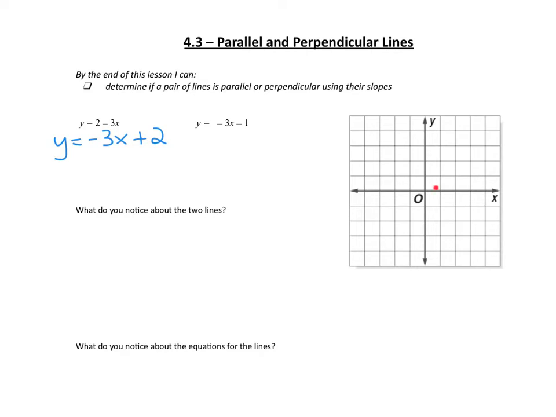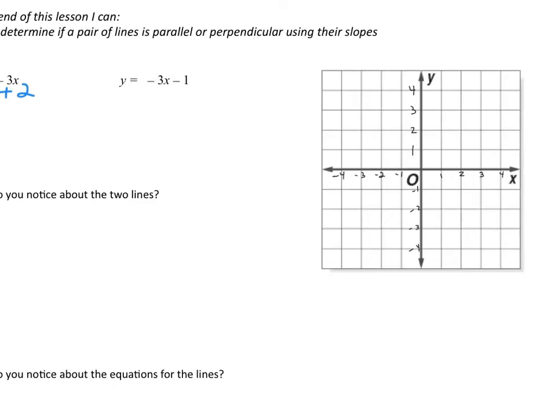So on my grid, I'm going to go to the y-axis, find positive 2, and put a dot on the value of positive 2. I went ahead and labeled the scale on both my x and y axes, counting by 1. So now I'm ready to put a dot on positive 2 on my y-axis. That point is going to represent the y-intercept.